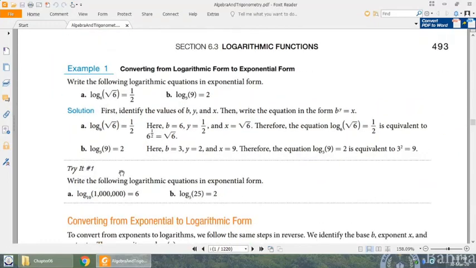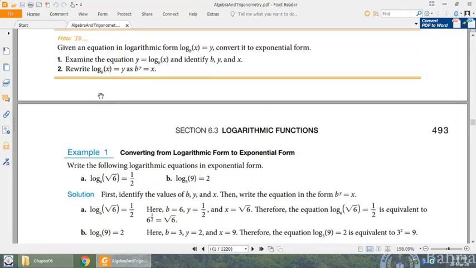So if in this case, they're asking you to write the function, which is already in log form, in some exponential form, you can just simply see that this is the base. So if this is base b, just replicating this, base b to y. So this 6 to half, okay, would give you equal to under root 6.